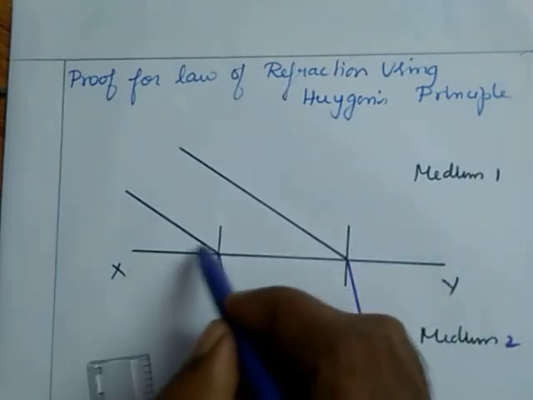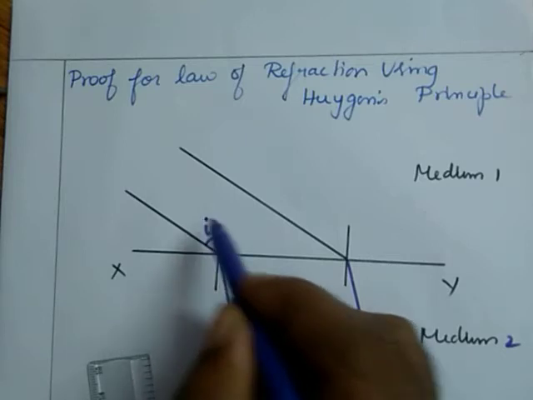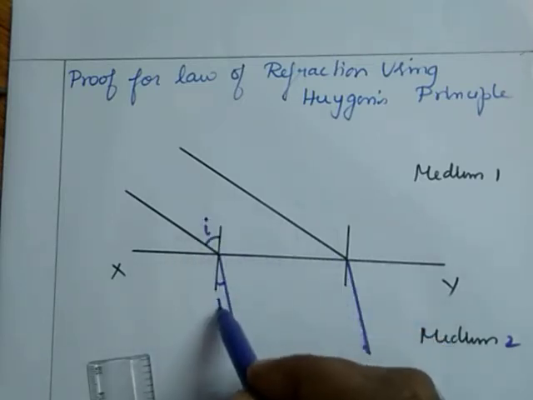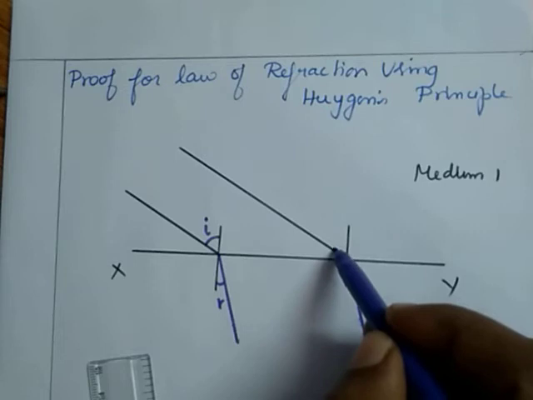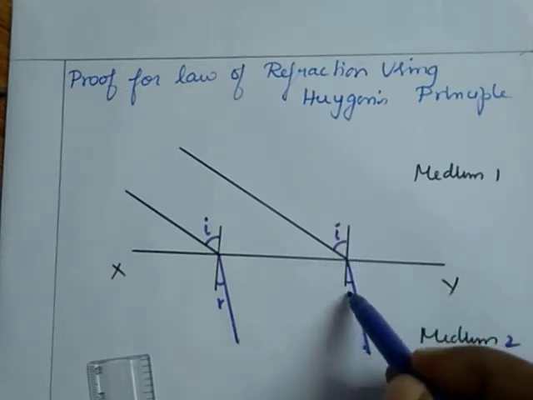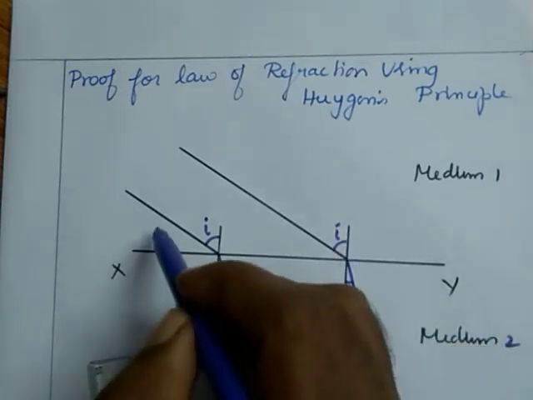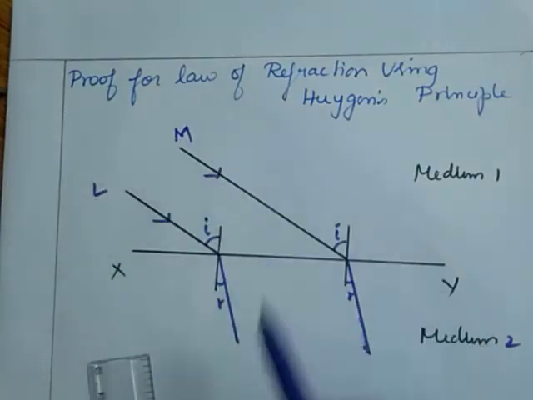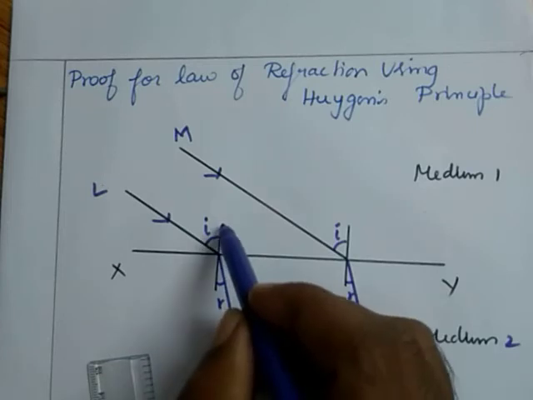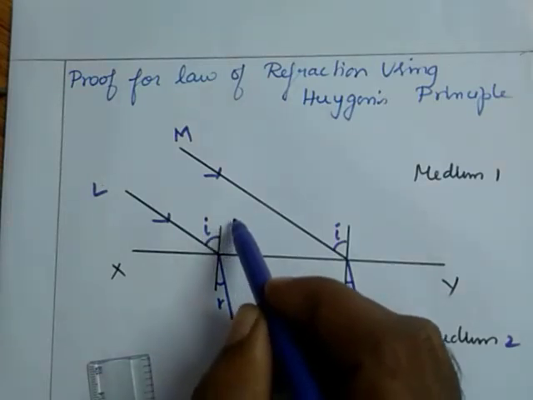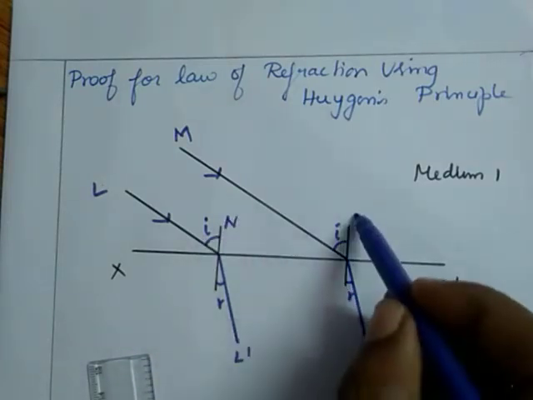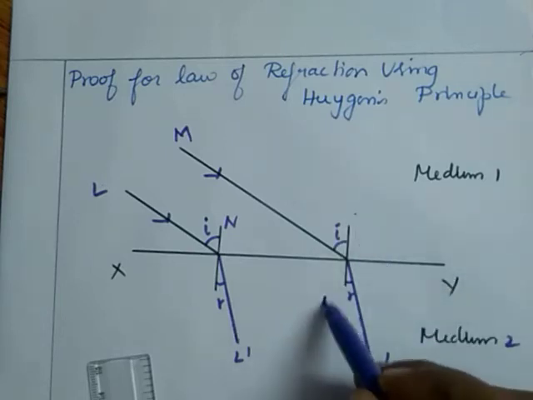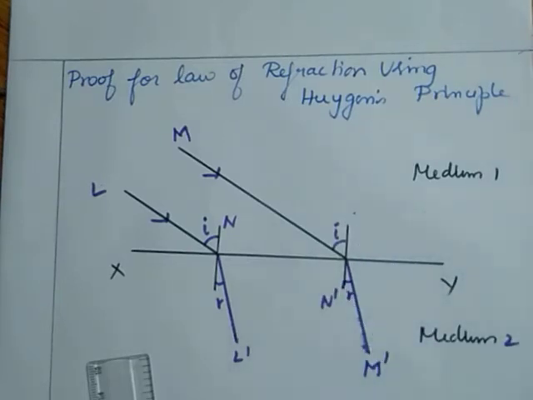This is the angle of incidence I. This is the angle of refraction R. Here also angle of incidence I, here also angle of refraction R. Here the incident ray is L. Here it is M. This is L'. This is M'. Here the normal is named as N. Here it is named as N'.